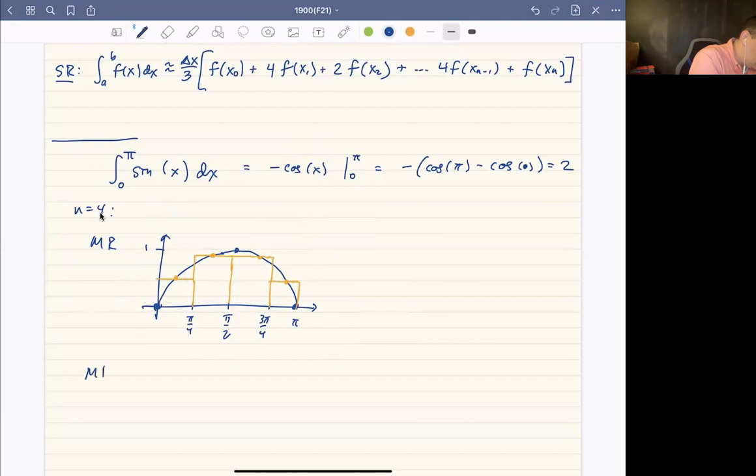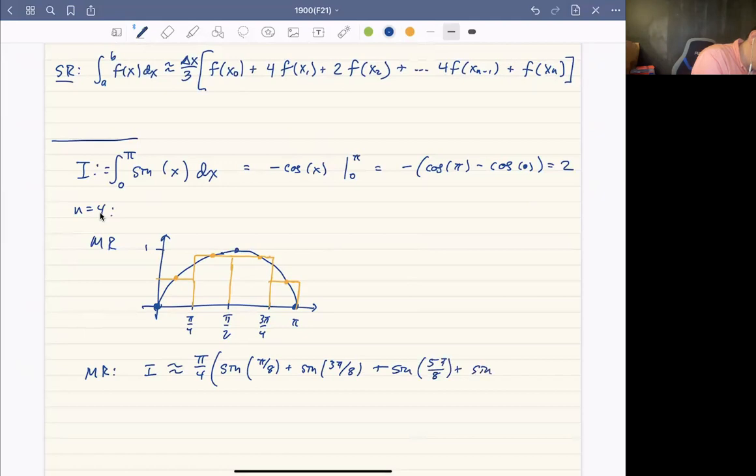The midpoint rule says that our integral, I'll just call it I for ease of reference, is approximately the width of each rectangle, pi over 4, times sine of pi over 8 plus sine of 3 pi over 8 plus sine of 5 pi over 8 plus sine of 7 pi over 8.